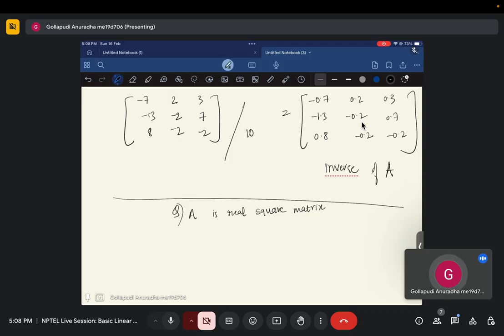Okay, so if A is a real square matrix having full rank, then the row space and column space of A are equal.